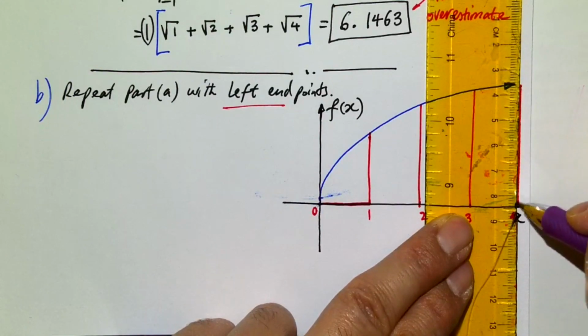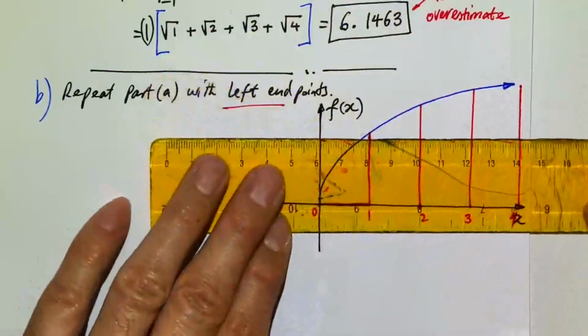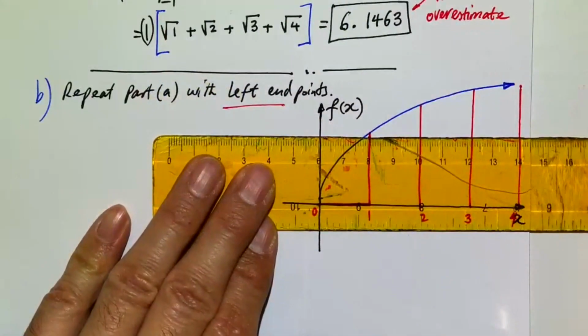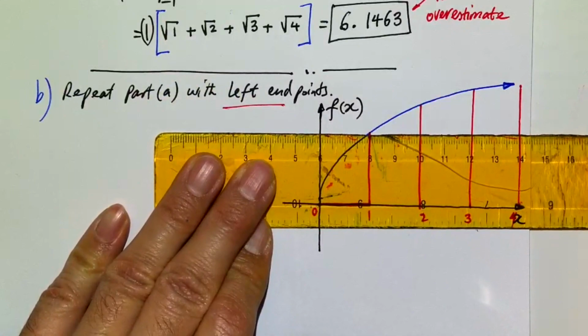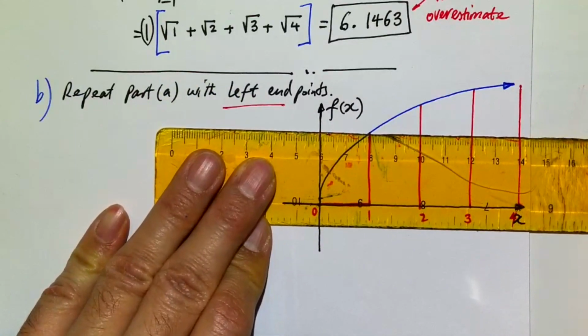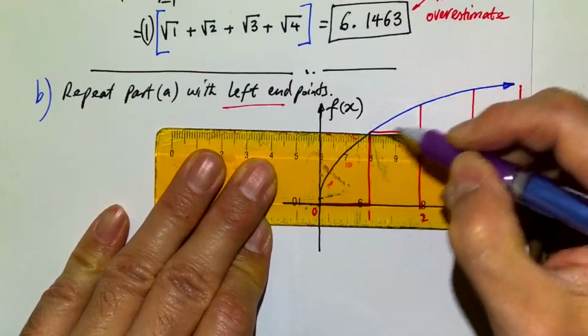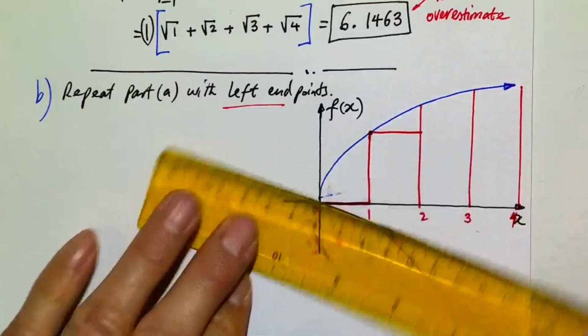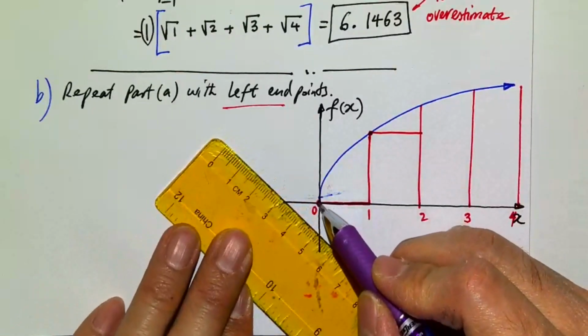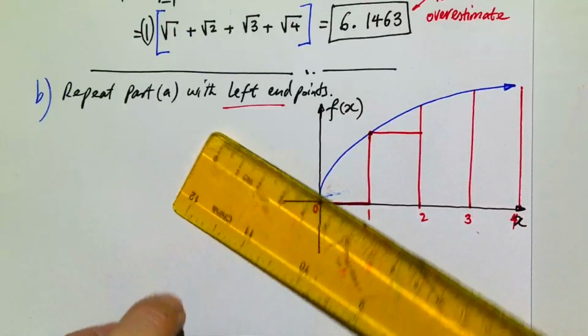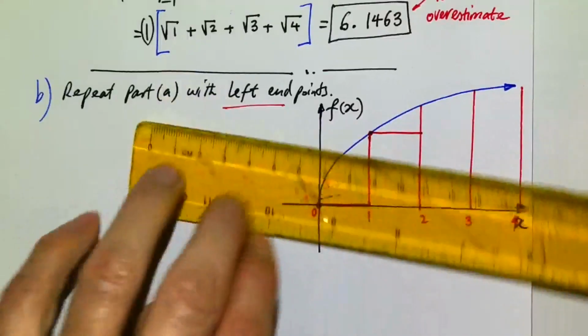Maybe here, like that. Okay, so let me just draw that. The left points, right? That's the left point of that rectangle right there. The left of that one is on the x-axis, which produces 0.